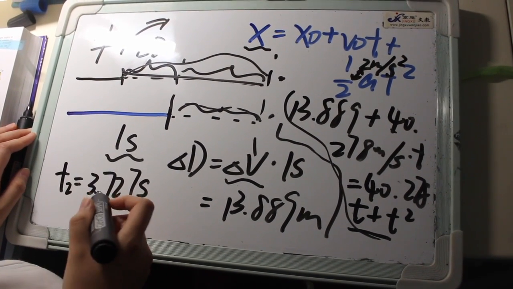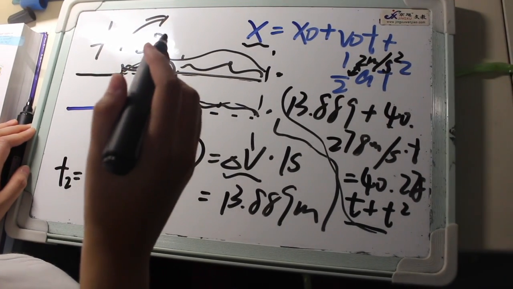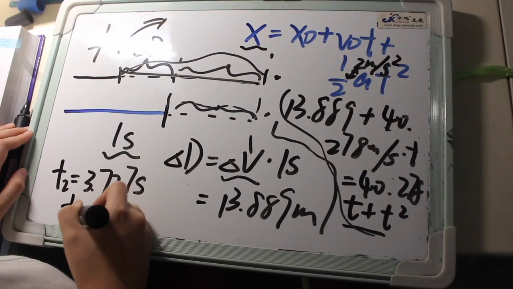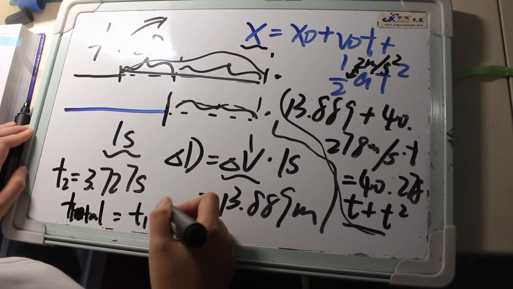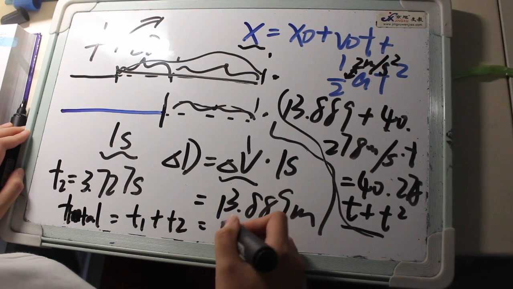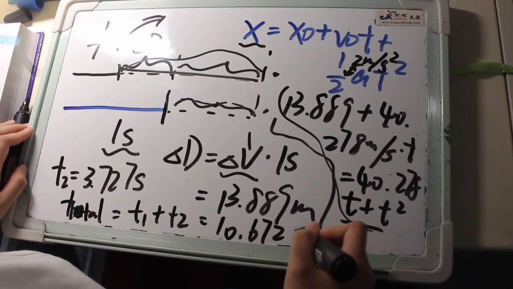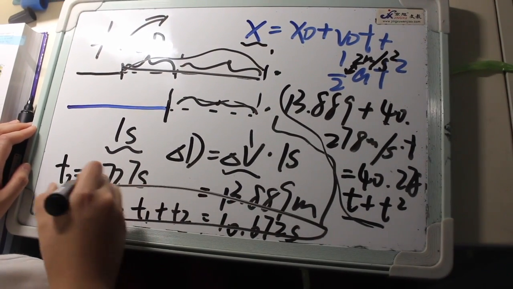This is t2, and we have t1, and the t total equals t1 plus t2 equals 10.672 seconds. Then this is the answer we want.